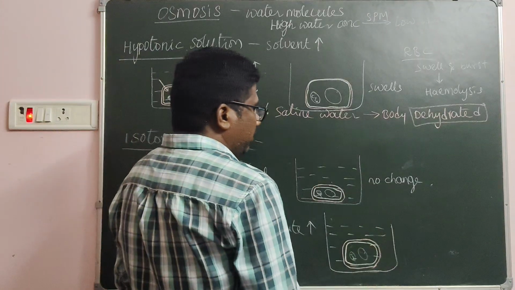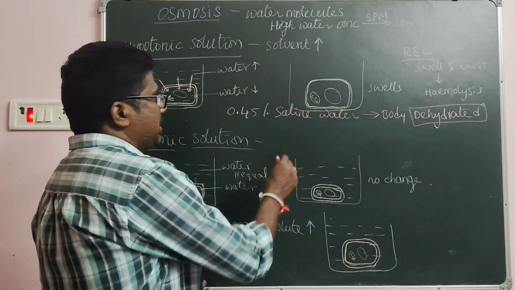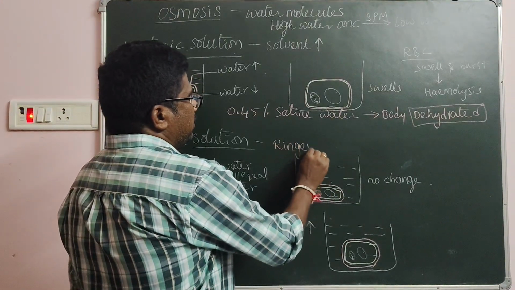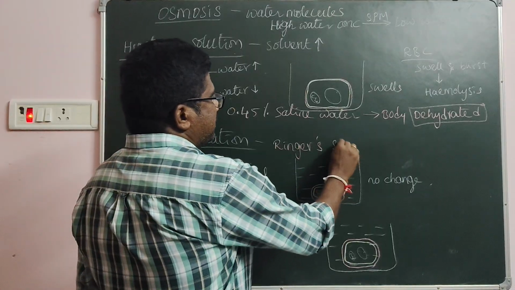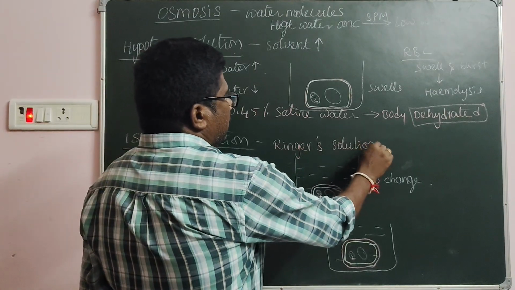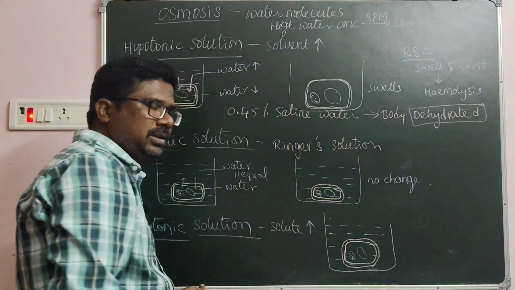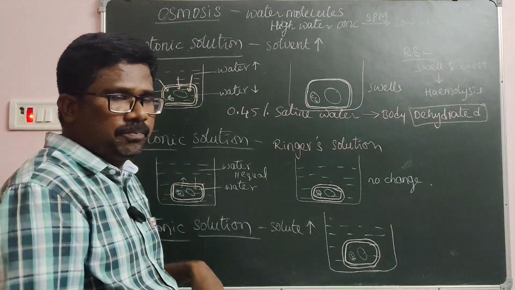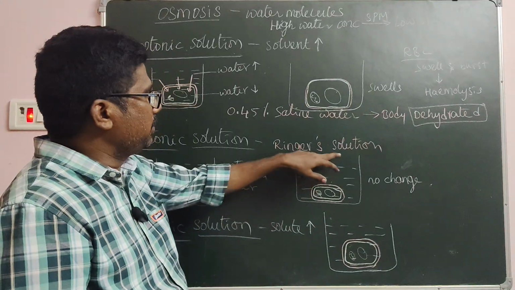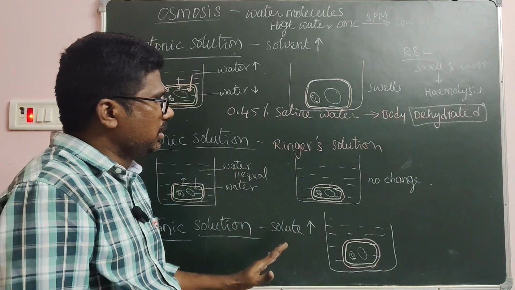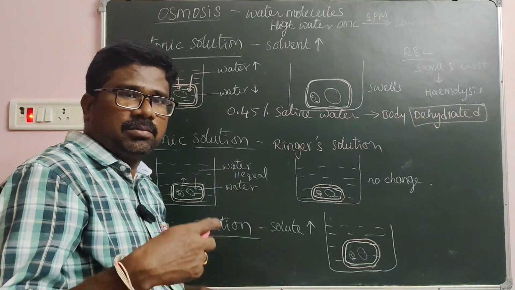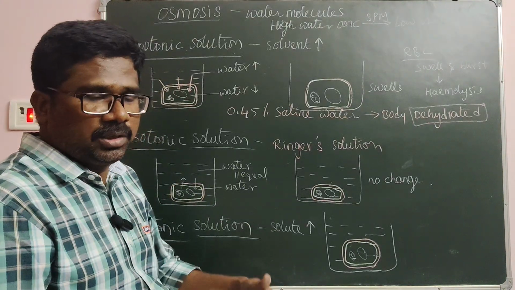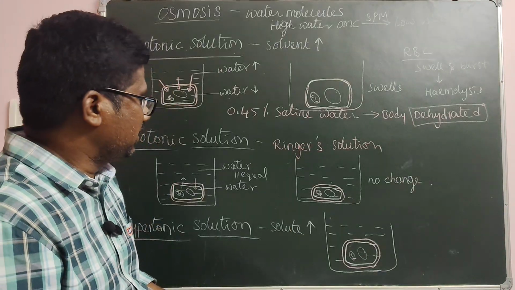So where do we use this type of solutions? One example is Ringer's solution. This Ringer's solution is also an isotonic solution. This type of solution is mainly used to inject some medicines into the body during some medical conditions.